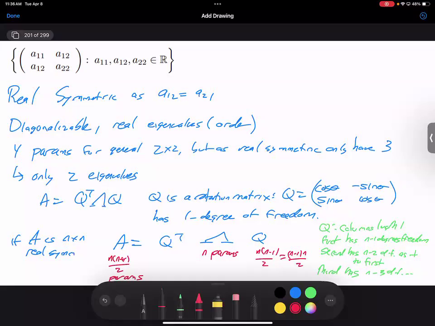You should have seen this in terms of studying the equations of an ellipse. If the ellipse is not oriented with the x and y axis, you just rotate the coordinate axes, solve it, and then rotate back. So we really don't care about the parameters from Q. But if we write things down in coordinate form, they're there, and we have to deal with it. At the end of the day, we only care about the parameters from lambda. Those are the ones with a physical meaning.